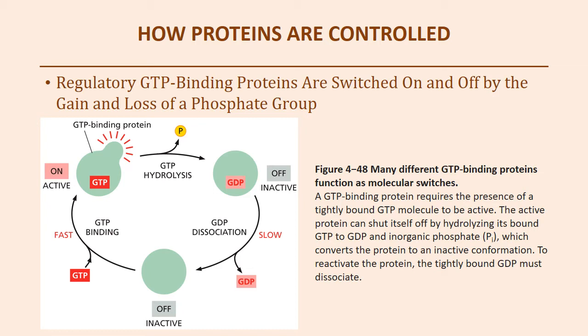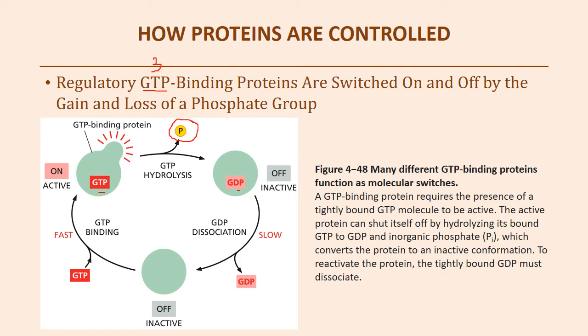So once again, we have three phosphate molecules on this GTP, and we're going to do hydrolysis, and when we do hydrolysis, we're going to remove a phosphate, and we go from three to two. So once again, the active molecule is GTP and the inactive molecule is GDP.